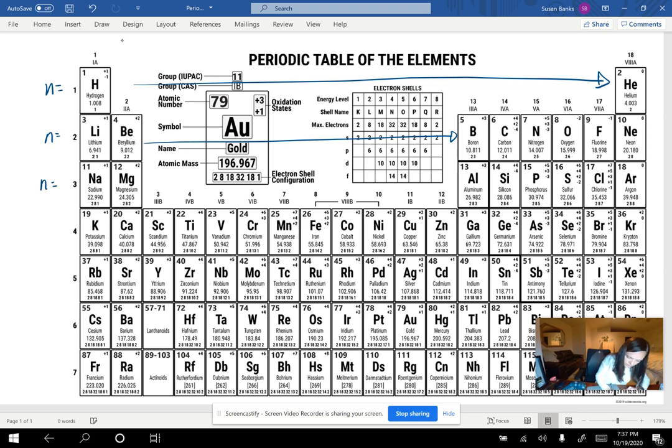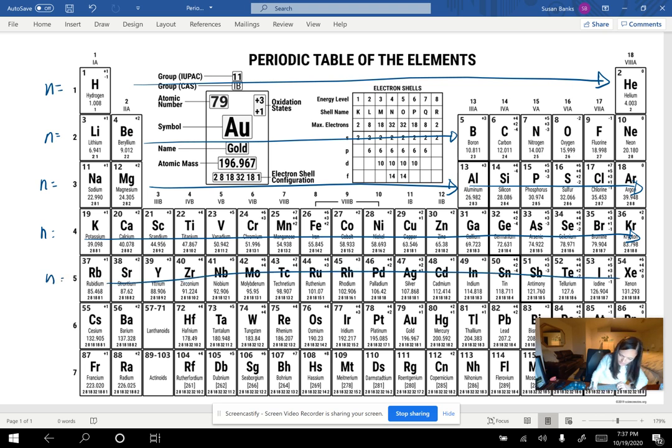N equals 3 is this whole row, another 8 elements. N equals 4 is this whole row. I should put the arrows all the way. N equals 5, and so on. N equals 6, and n equals 7.